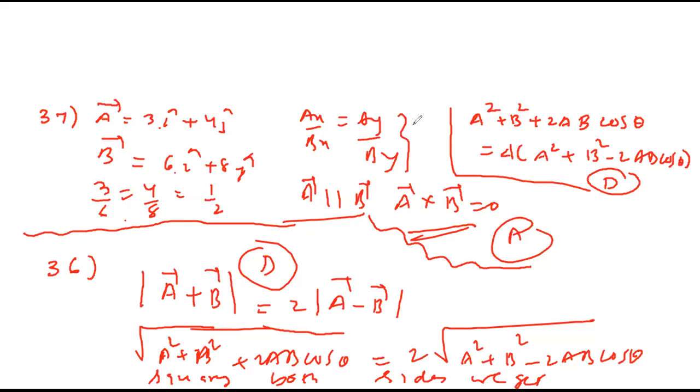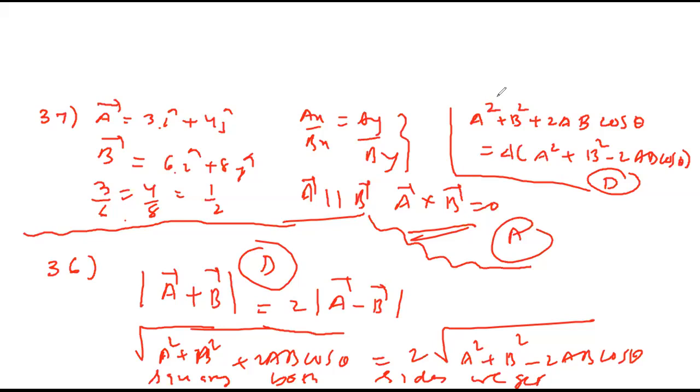So the magnitude is half. Yes, even that can become. So A and B both are correct here. Both are correct. Yes, you are right. So the option is A and B both correct. Yes, sir.